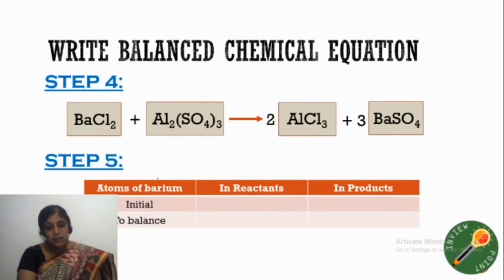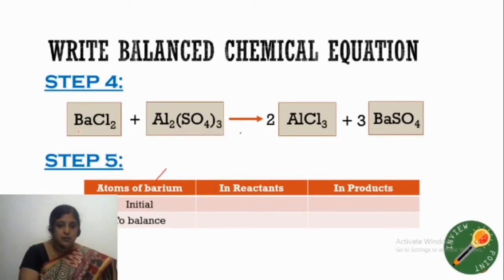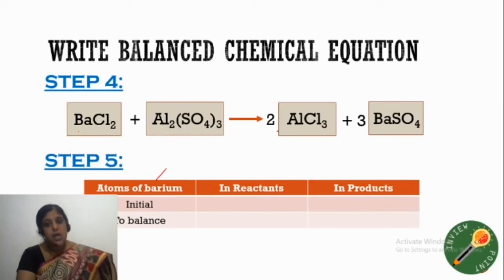Take another element, barium. Okay. Initially, meaning in the previous step, we found the equation to be BaCl2 plus Al2(SO4)3 gives 2 AlCl3 plus 3 BaSO4, right? So here the number of barium atoms in the reactant side is how much? It is 1, and in the product side it is 3 Ba.